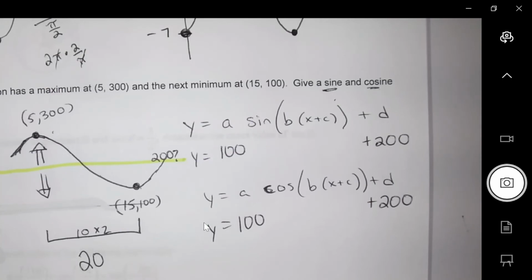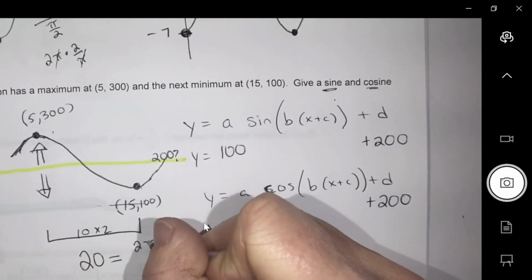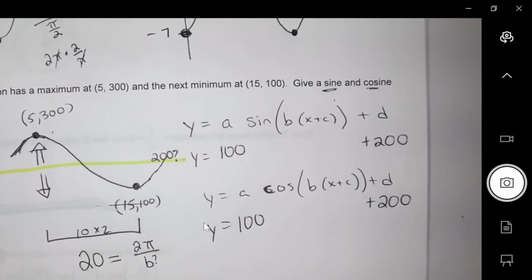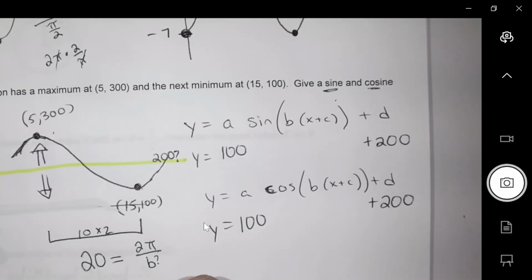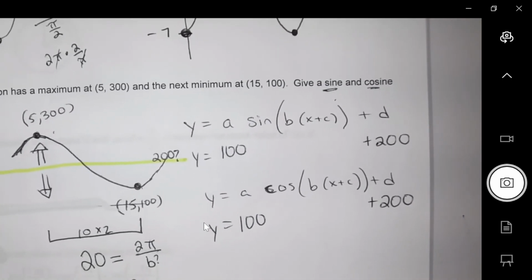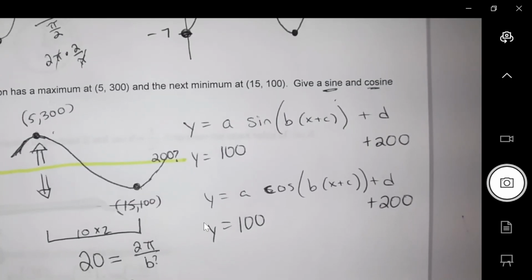It would take me 20 moves. 20 equals 2 pi divided by what? Your period is always 2 pi over b. So I'm going to switch the b and the 20. And then you probably would see me usually reducing it. So pi over 10.